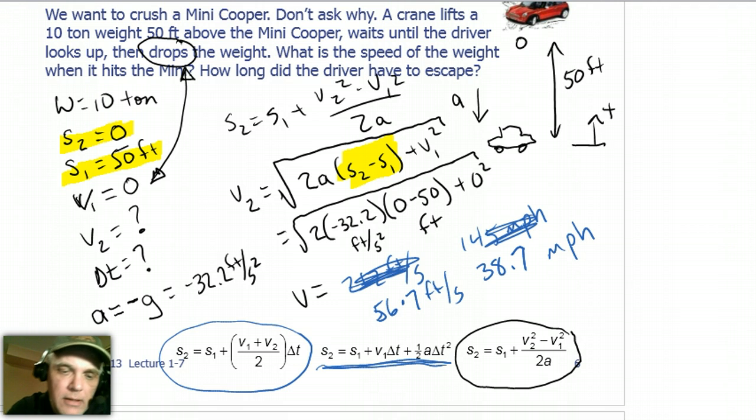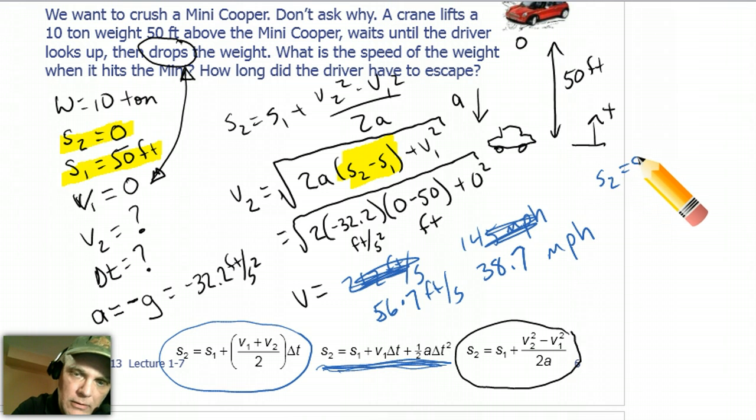The middle one is pretty easy when our initial velocity is 0, so either will work. Let's sketch them out. Remember S2 minus S1. S2 equals S1 plus V1 delta T plus 1/2 AT squared.